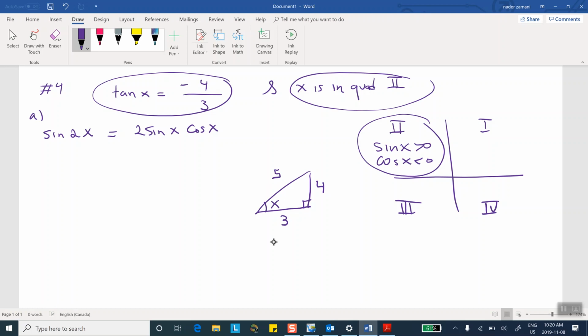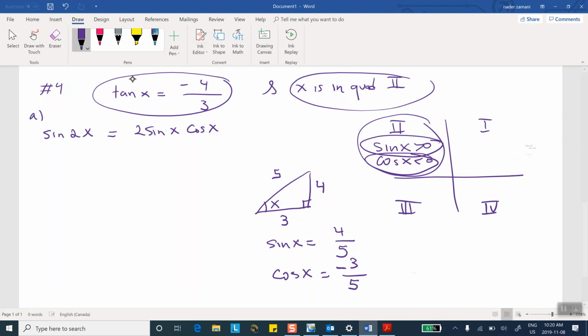Therefore, sine of x is equal to opposite, which is 4, over hypotenuse, which is 5. And notice that sine of x is positive, so you don't change the sign here. Cosine of x is adjacent, 3, over hypotenuse, which is 5, but you know that cosine of x in this quadrant is negative, so you need to put a minus there.